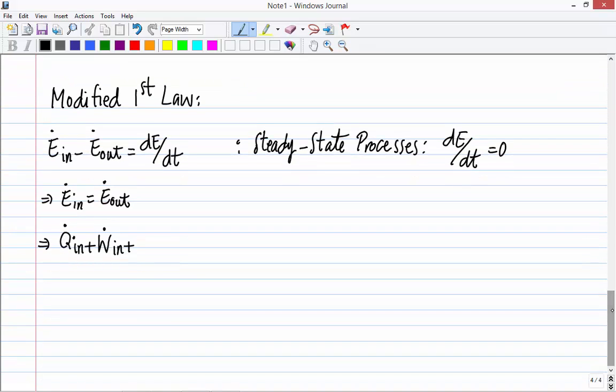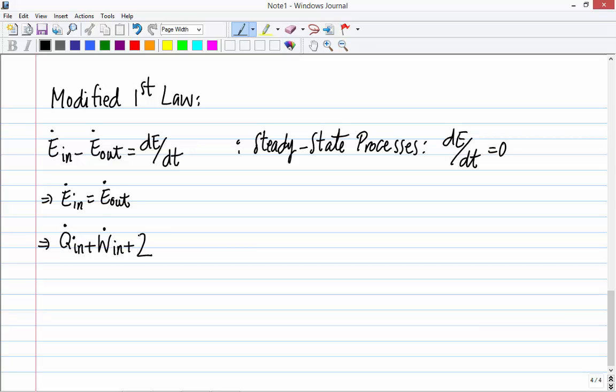Plus, but I might have 3 inlets and 4 outlets, right? So once again, I need to define a summation over all my inlets, and on the other side, the outlets, I need to have a summation over the outlets.